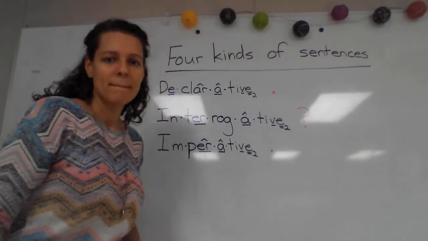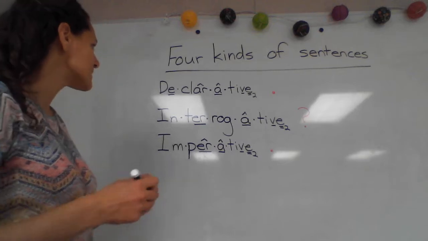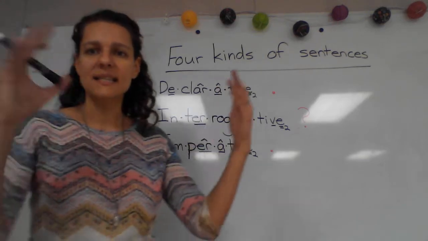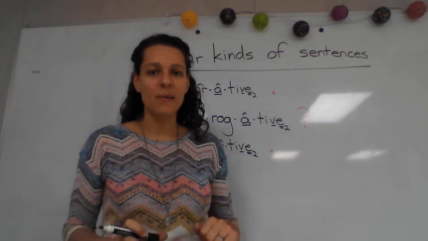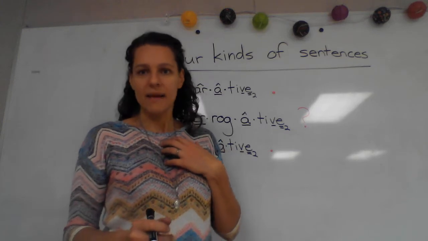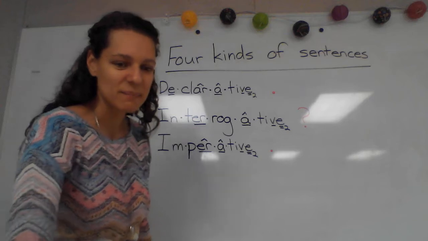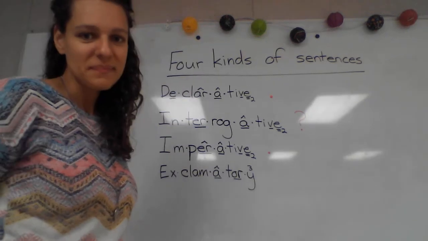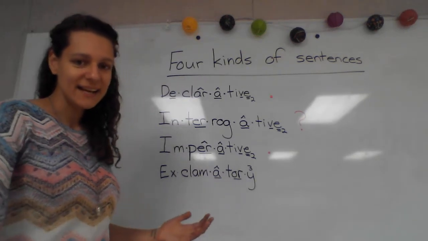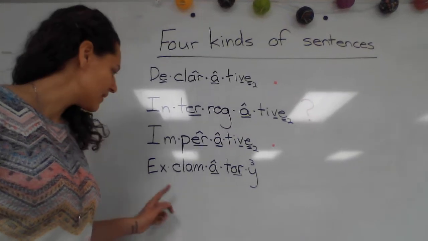All right. Our last kind of sentence is called exclamatory. Can you say that with me? Exclamatory. All right, let me just pause it so I can write it up here for you. All right, our last kind of sentence, let's read the word together.